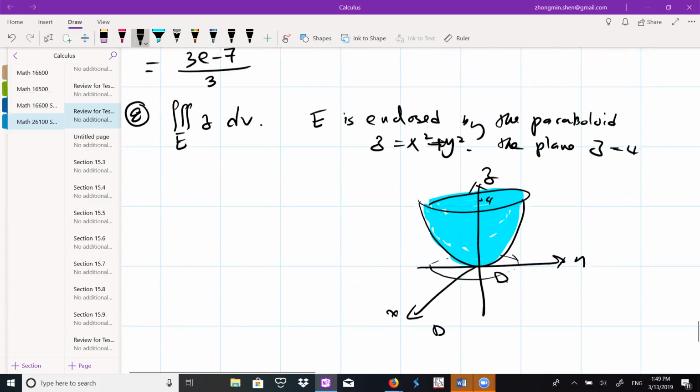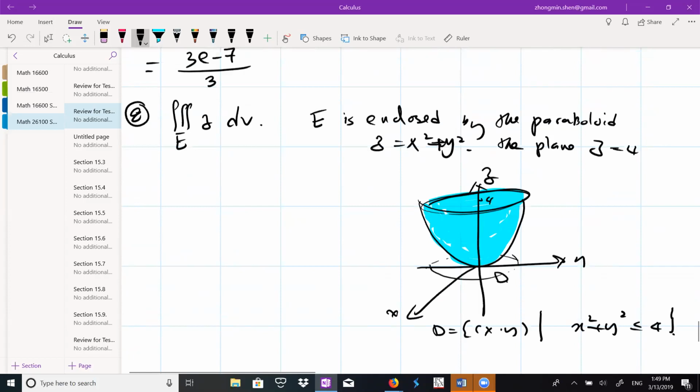So D is the set of x and y with x squared plus y squared less than or equal to 4. Just look at the circle, the intersection with the plane z equals 4. So x squared plus y squared is going to be 4. So the domain is determined by this inequality, x squared plus y squared less than or equal to 4.